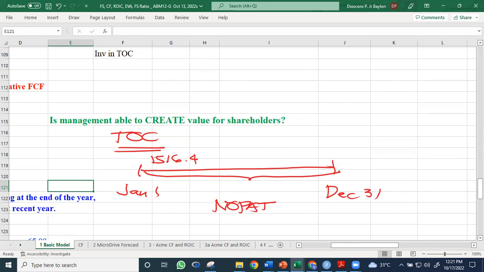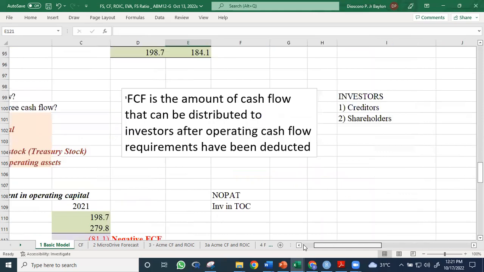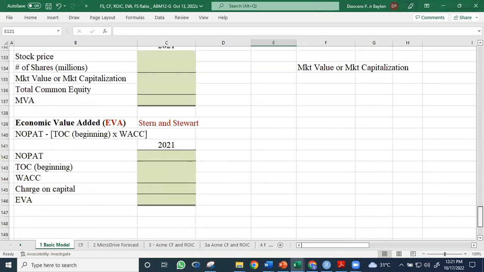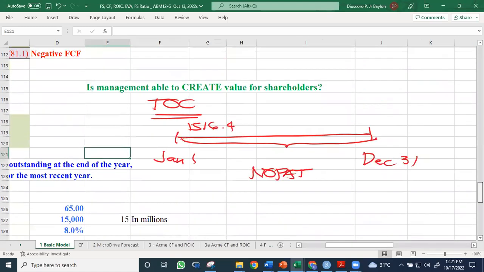Kasi yung NIAT, it contains interest. Yung interest, wala namang control ang operations yan. So that's why we're using NOPAT. So how much was the operating profit generated by management? 198.7. Susulat natin. 198.7. Okay, for the whole year.